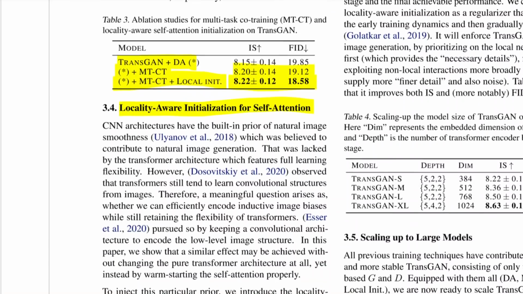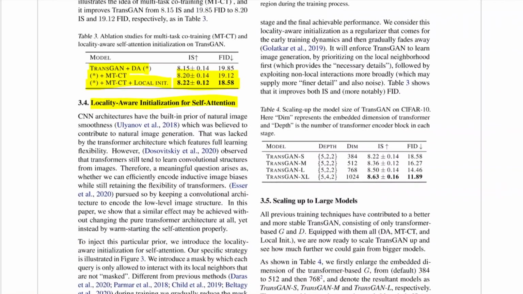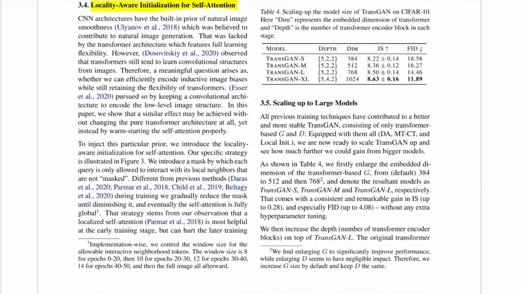So what is this last trick? In this last trick, they say, look, the convolution seems to be a pretty good prior for images after all, right? That's why CNNs are so effective. It seems to be a good prior to look locally, to have local features. But of course, the transformers are more powerful.